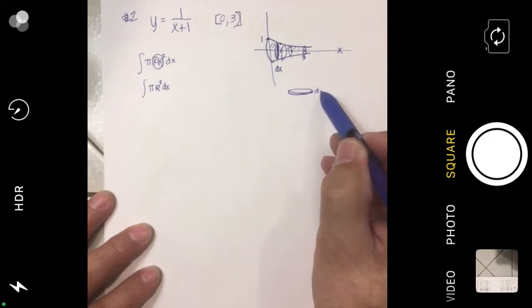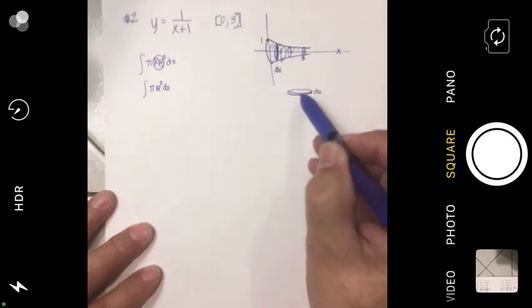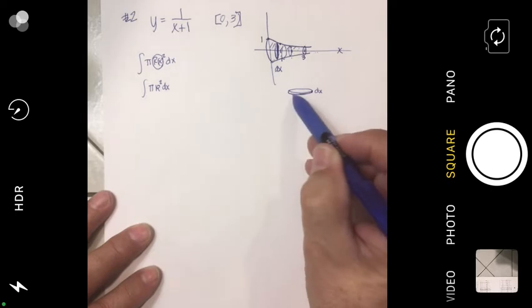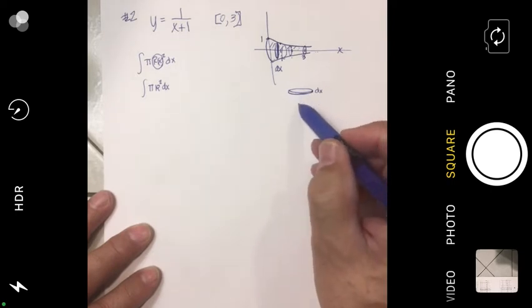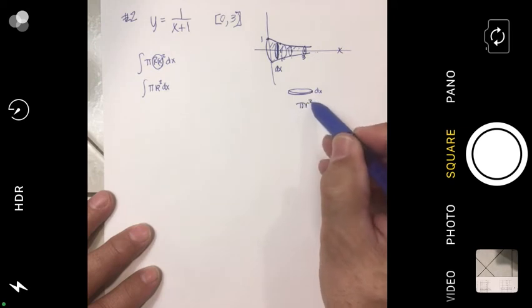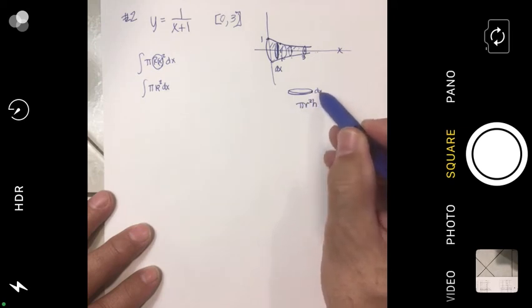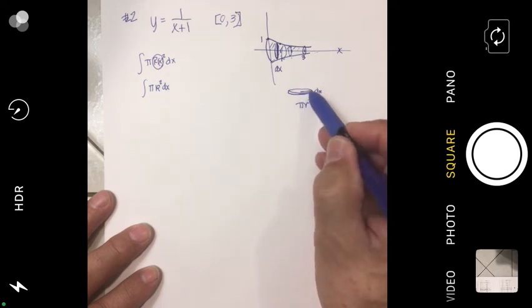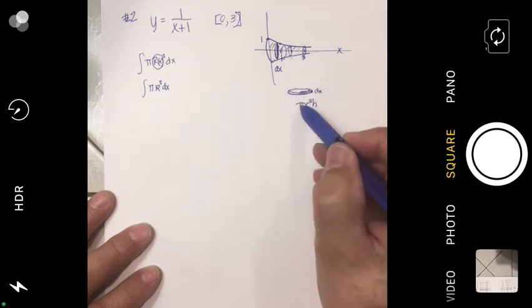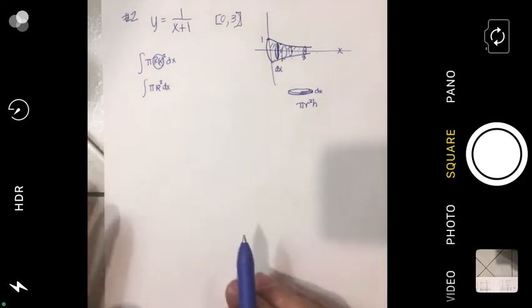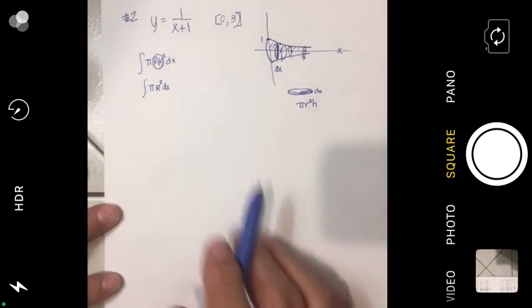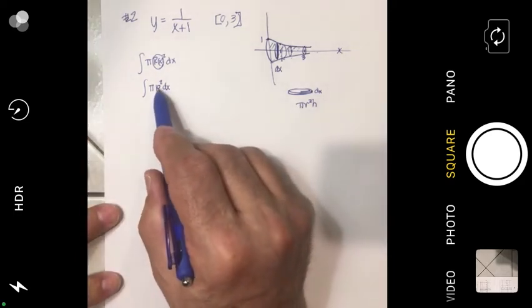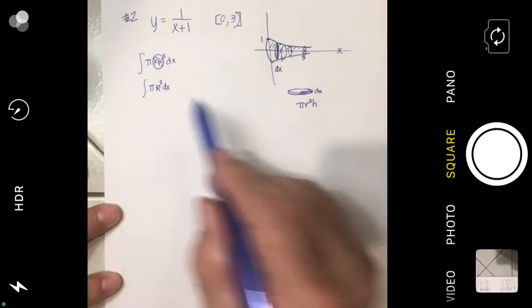Its thickness is dx, but it's a circular coin, so it's like a cylinder, and the volume of a cylinder is pi r squared times the height. The dx is the height. The r squared is the area if you multiply by pi. So we're doing pi r squared dx, but r needs to be written as a function of x.